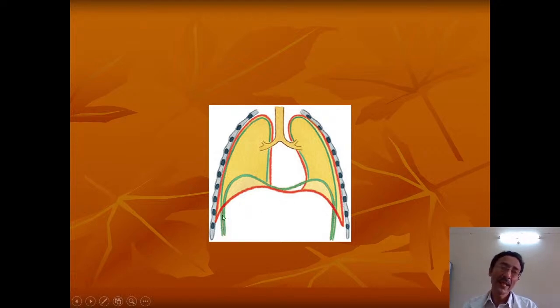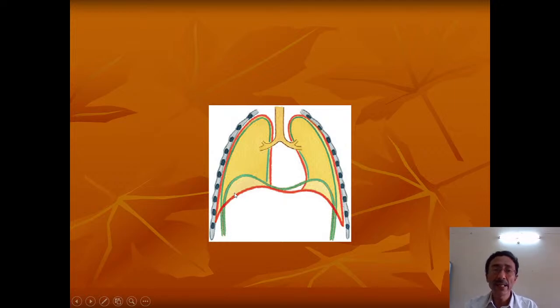You will see the green mark, I will explain it diagrammatically. The green line is the normal position of the diaphragm. This is the attachment of the diaphragm, the two sides, supplied by the phrenic nerve.